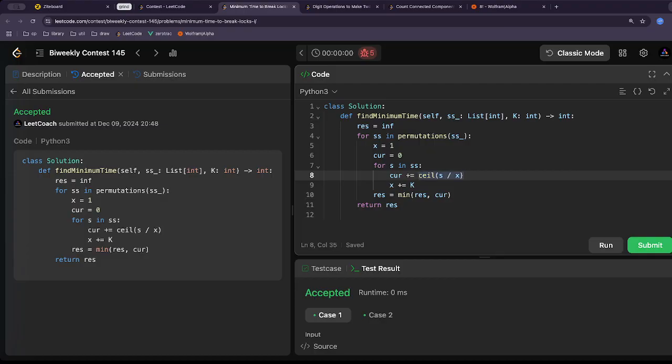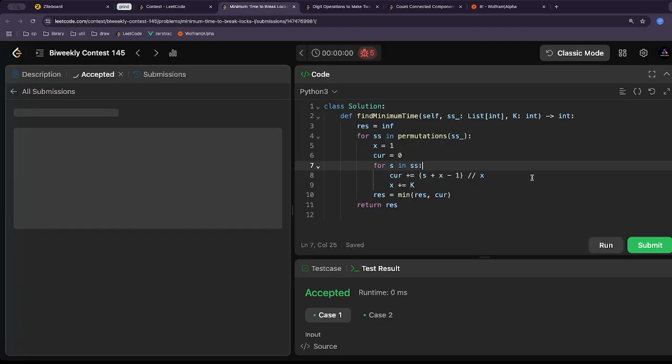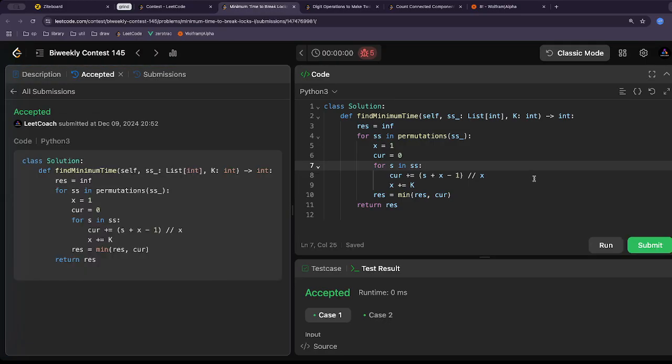So this kind of division can be done with integer division, and it's the same idea. Here I used ceiling because I thought it would be more intuitive for people who don't know how to do this.